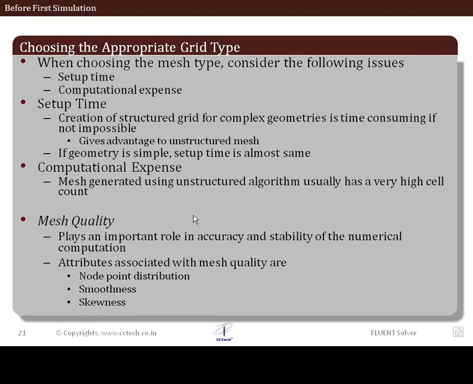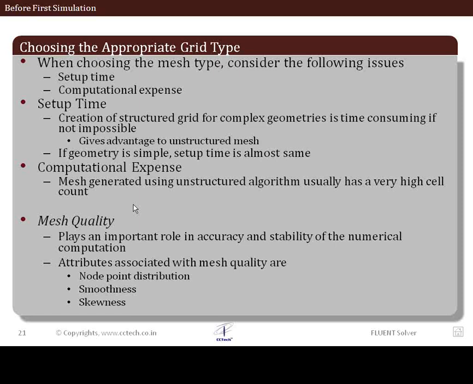And what we need to be aware of is that the mesh quality can be defined in different parameters or different quality criteria, but some of the important ones are the node point distribution. So it defines how much the nodes are distributed within the domain. The nodes are the points at which the different elements join together at one single point. So it also includes a concept called the valency of the mesh. If it's an unstructured mesh, the valency of a mesh can be varied.